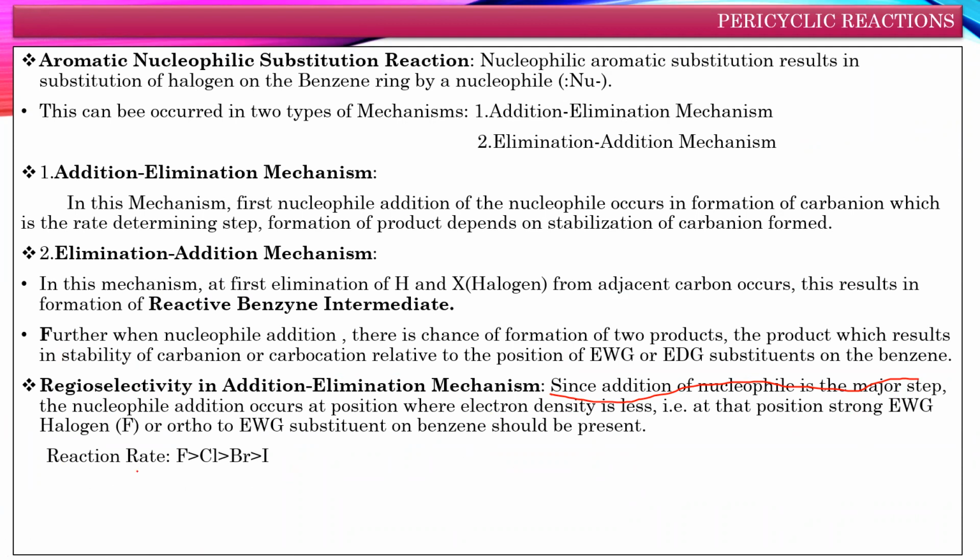So the reaction rate will be higher for fluorine than bromine, than iodine. Iodine is a weak electron withdrawer. So the rate of the reaction will be in this order. Regioselectivity is considered for the addition-elimination mechanism, and in the elimination-addition mechanism, the major product is decided by the substituents and the attack of the nucleophile.